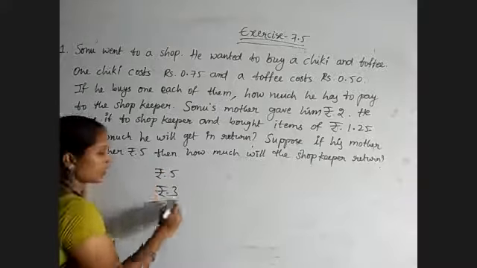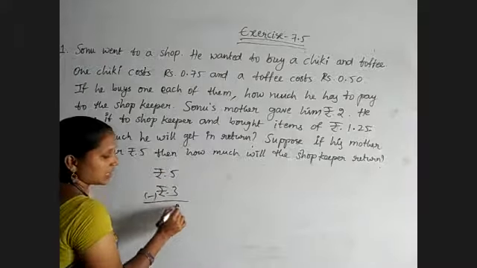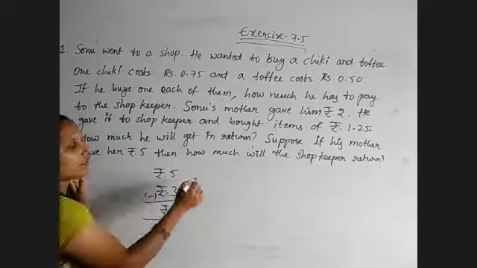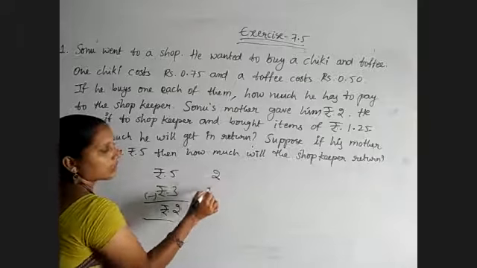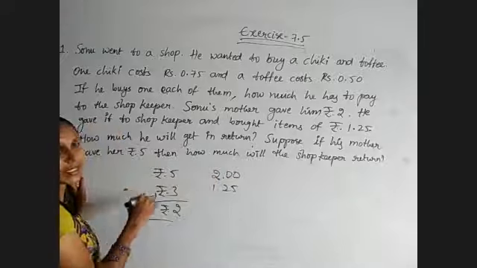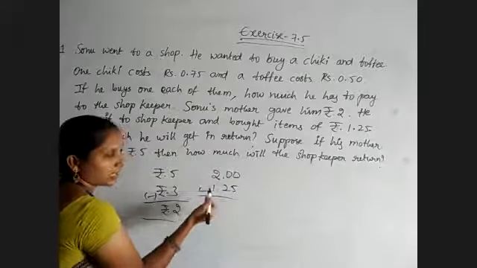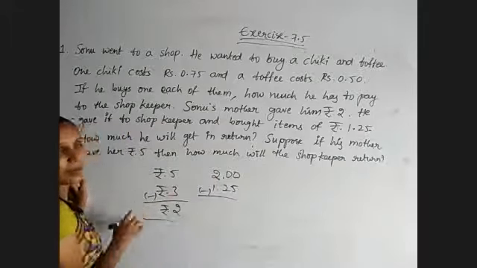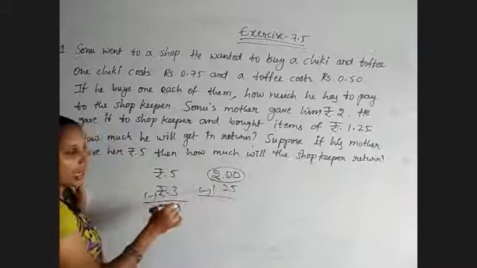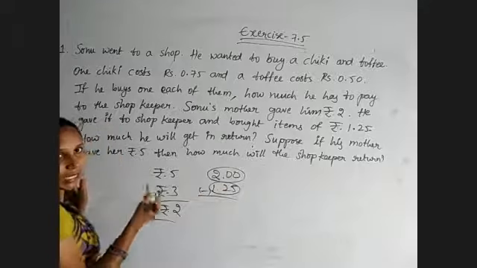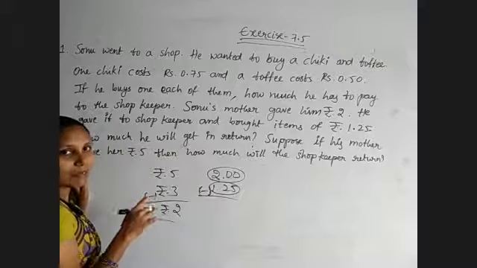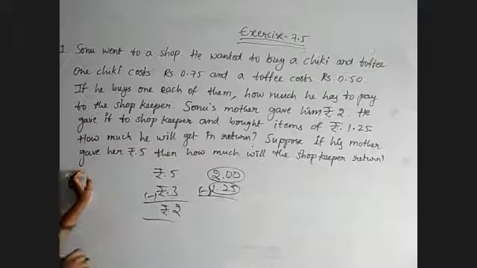Then how much will the shopkeeper return? 5 minus 3, that means 2 rupees he must give. So for the second question, he must subtract the amount he spent, 1.25 rupees, from 2 rupees. That amount is returned by the shopkeeper to Sonu, when he gives 2 rupees and spends this amount on the items. Here we are getting a question depending on subtraction. First we are doing addition, then subtraction.